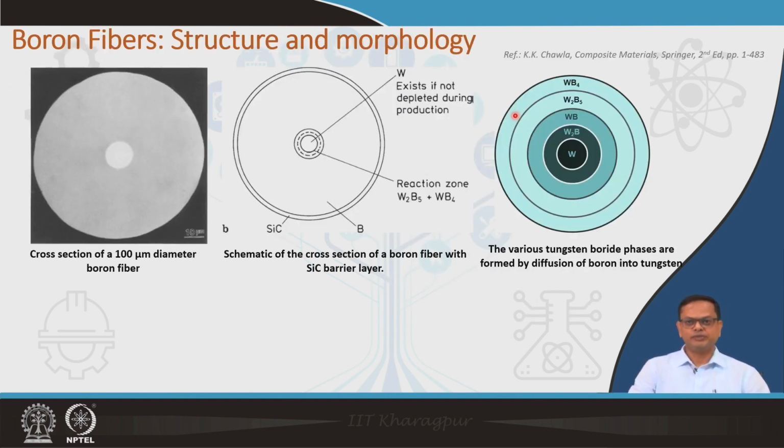All right. So, now let us look at the cross section of boron fiber. How does it look? From this diagram you can clearly see that you have a tungsten core and then the boron gets deposited. Okay.